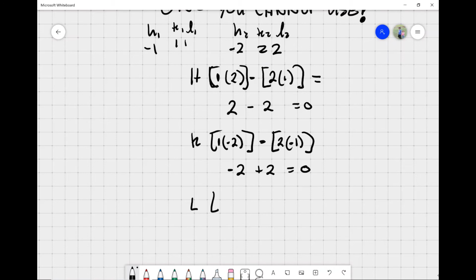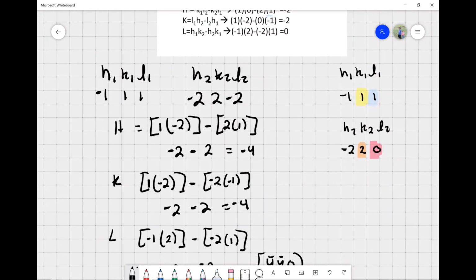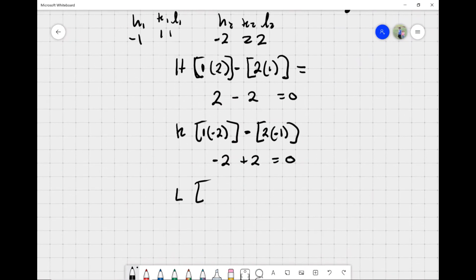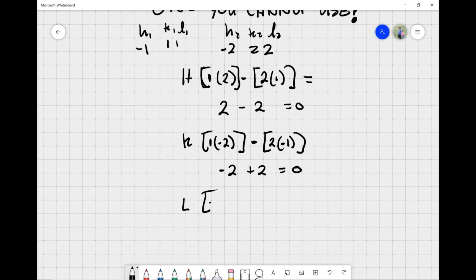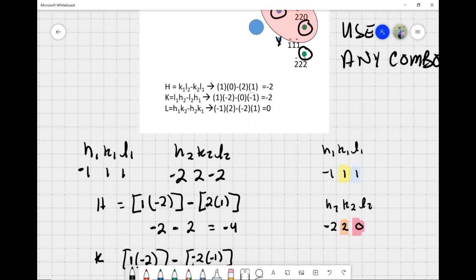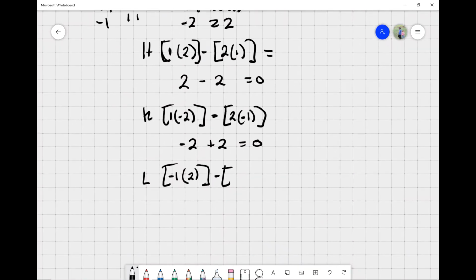And L is H1, K2. So H1 is negative 1, K2 is 2, minus H2 times K1.